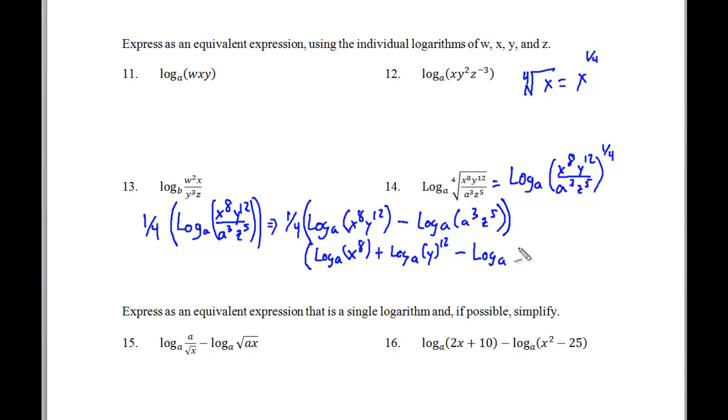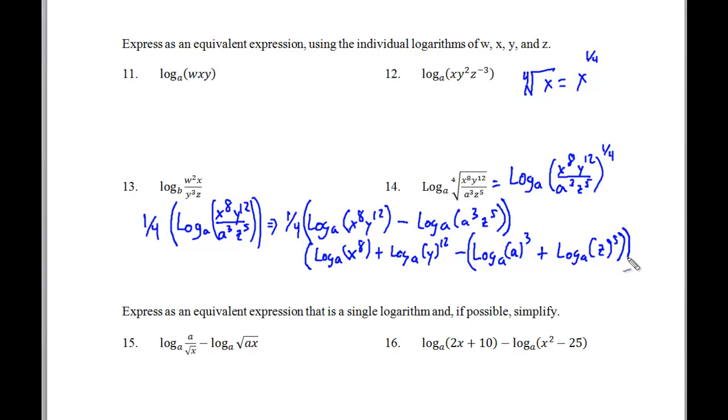This is log base a of a cubed. And then we have log base a of z to the 5th. Now again, what's tough about this is that this is subtracting, so it technically has to subtract both of these.